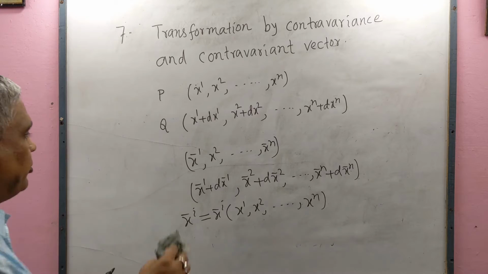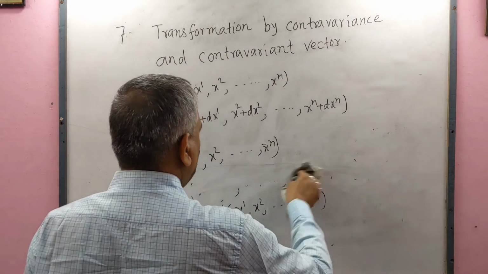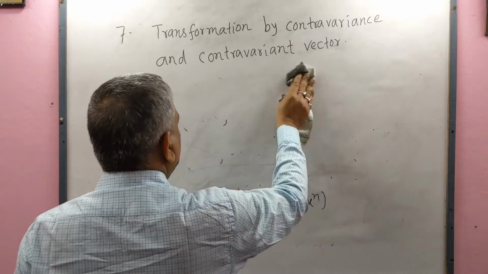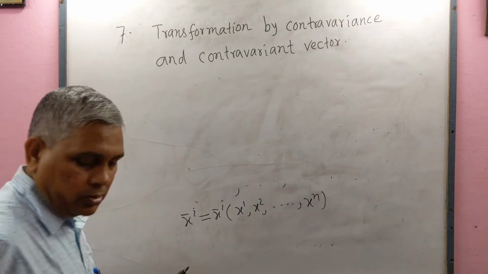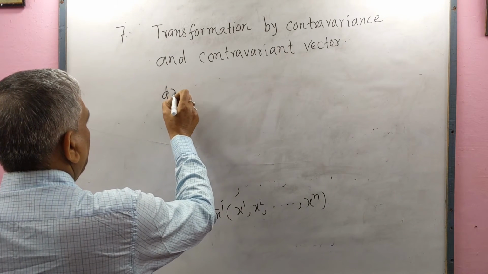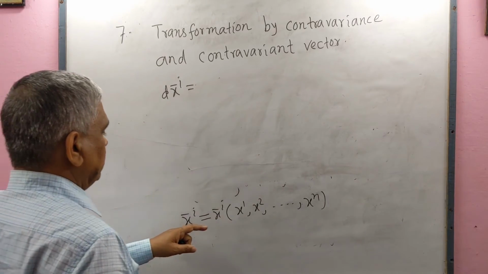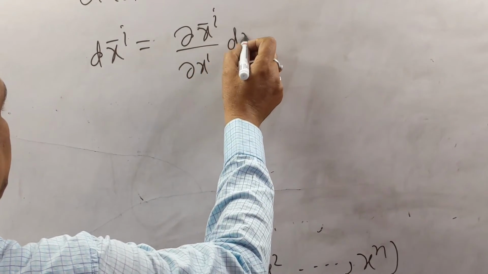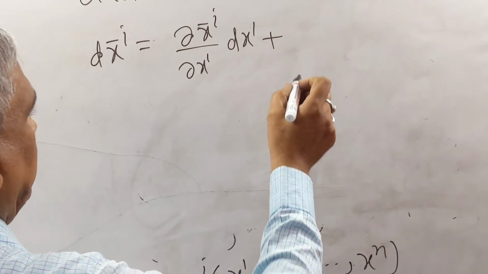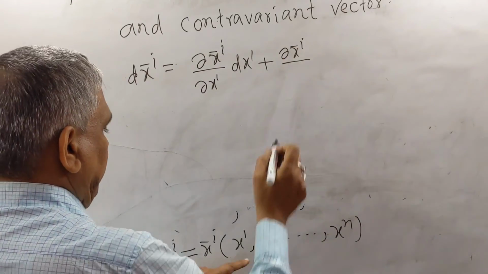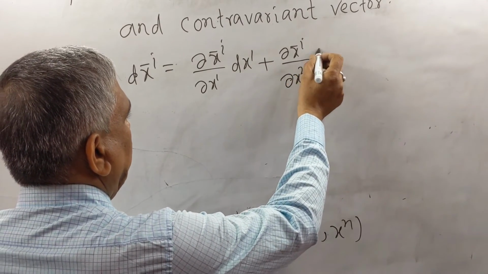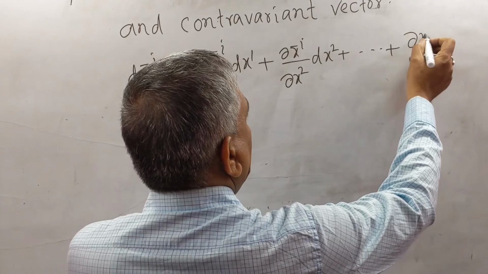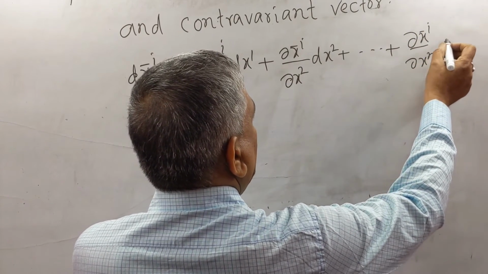Now we may find a small element dx bar i, dx bar i equal to del x bar i by del x1 dx1 plus del x bar i by del x2 dx2 plus del x bar i by del xn dxn.